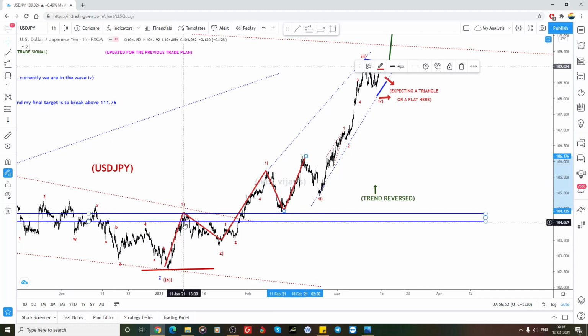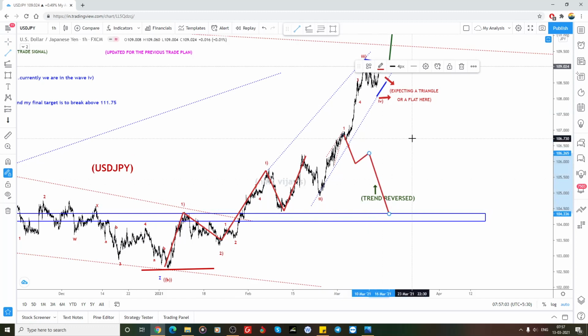So what I did is, this could be a 1, 2, so 3, and this could be a 4 also in previous, I said, and then 5th wave I'm expecting from here it can be another drop, but it didn't come as I expected, it didn't happen.